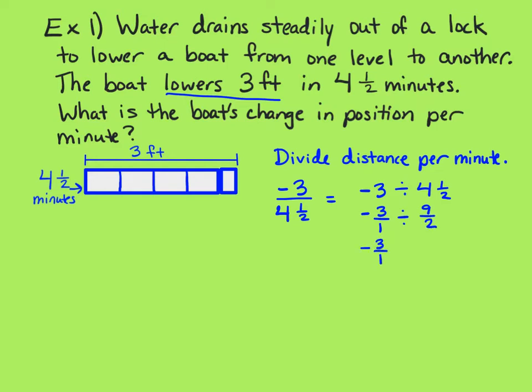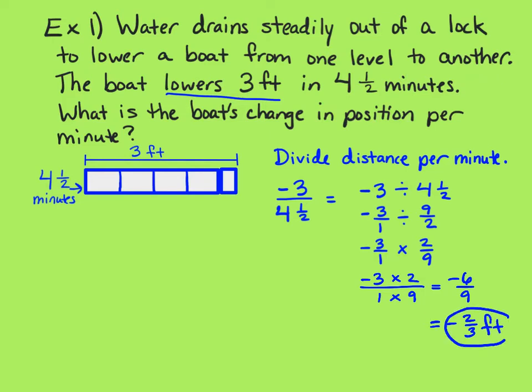Use same, opposite, switch. -3 times 2 over 1 times 9 is -6/9. And those will both divide by 3 to get -2/3. So in 1 minute, it drops 2/3 of a foot.